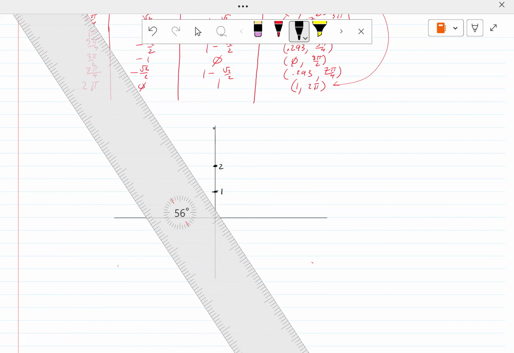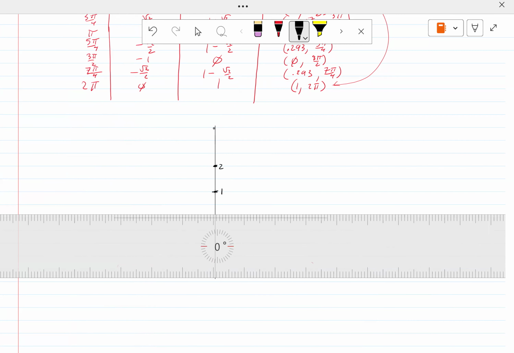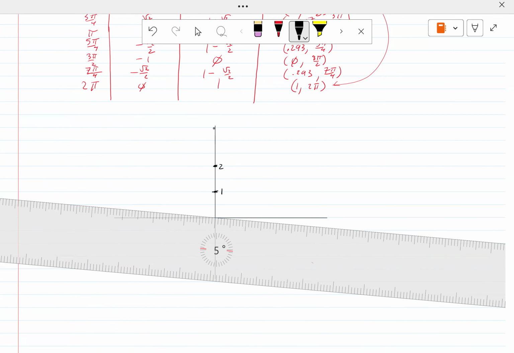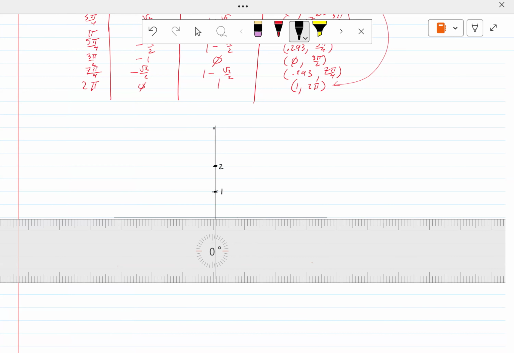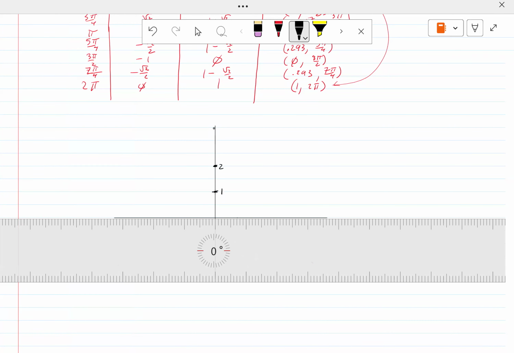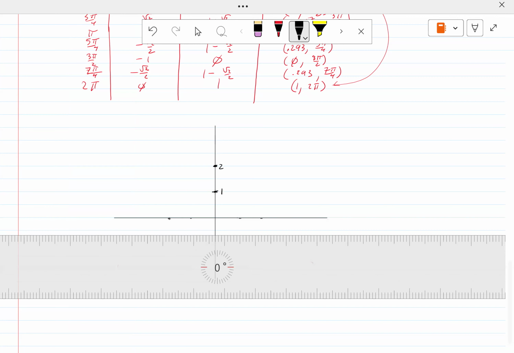So if I go here, go 3/4 of an inch, that will give me a division here, division here, division here, division.